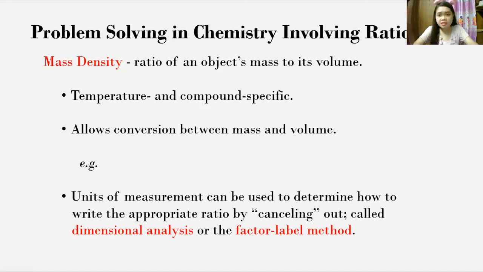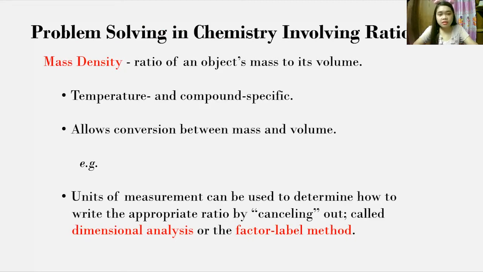And this mass density is temperature and compound specific, meaning it is specific to any compound or substance, and it differs at different temperatures of the substance. So it has a different density at 25 degrees Celsius, at 100 degrees Celsius, and so on.